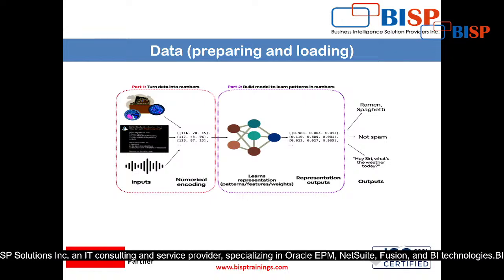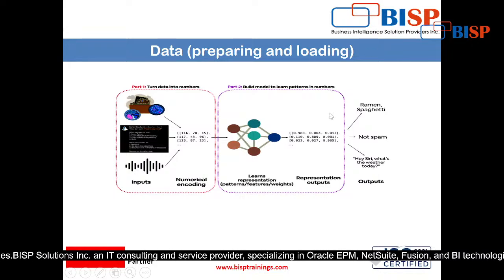After that, part 2 is to build a model to learn. We first build a model that learns the pattern, and then output is created. The output is automatically created by the machine module, that is PyTorch, and then converted again into output.